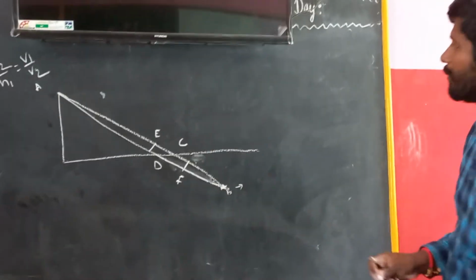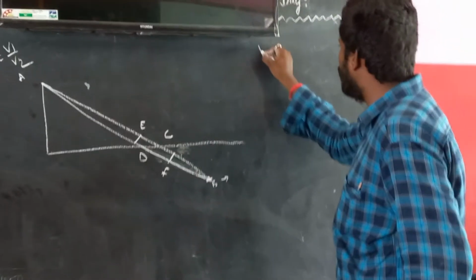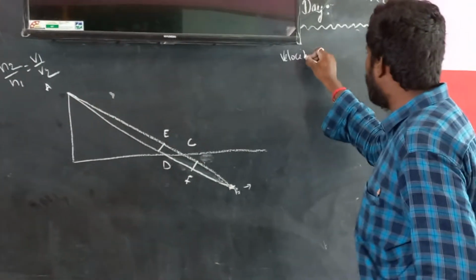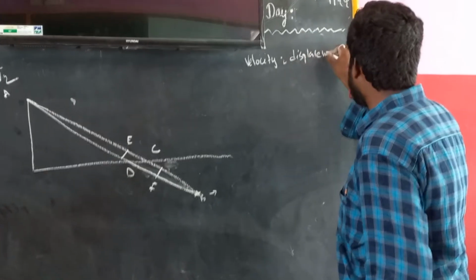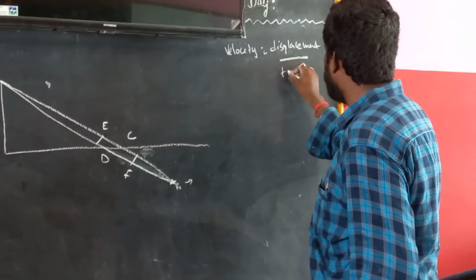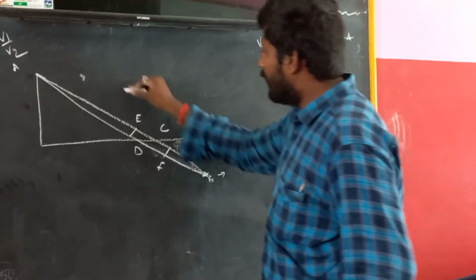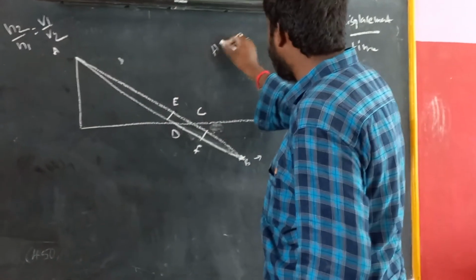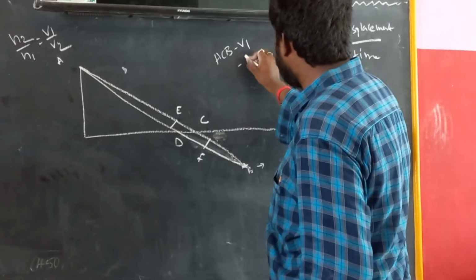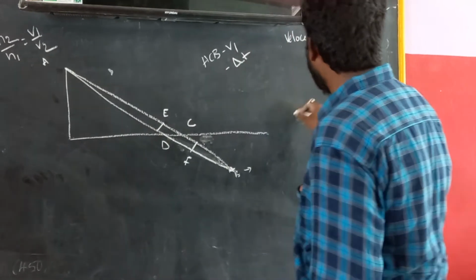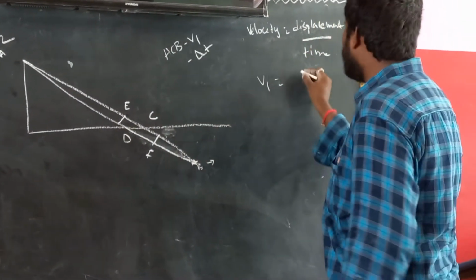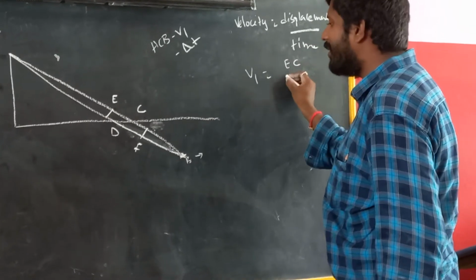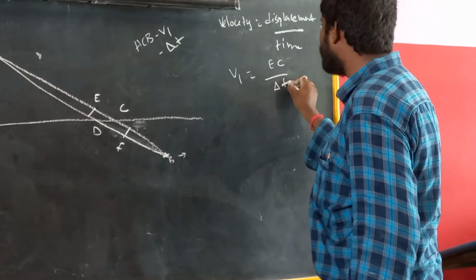We already have the formula: velocity is equal to displacement by time. Let the velocity in traveling the distance ACB be V1 and the time period be delta t. Then velocity V1 is equal to displacement EC by time delta t.